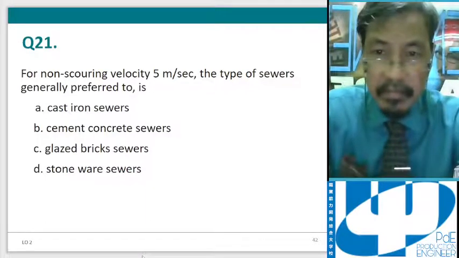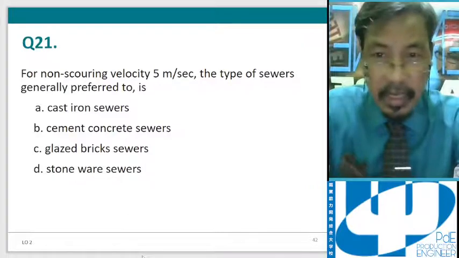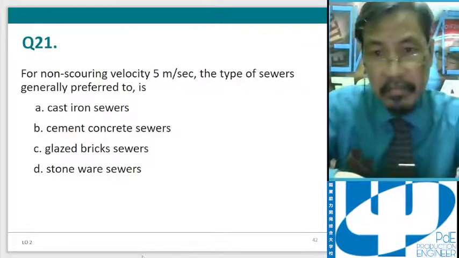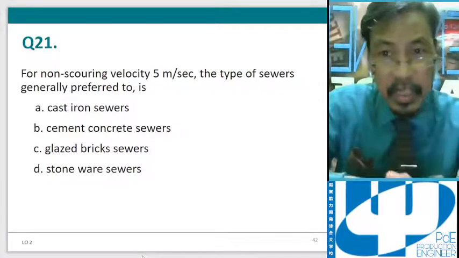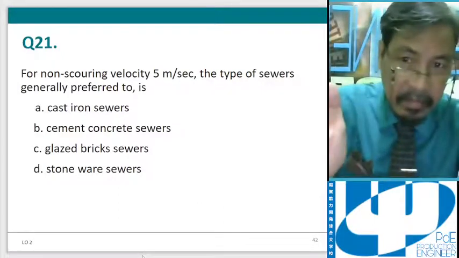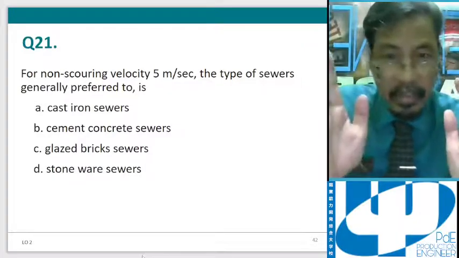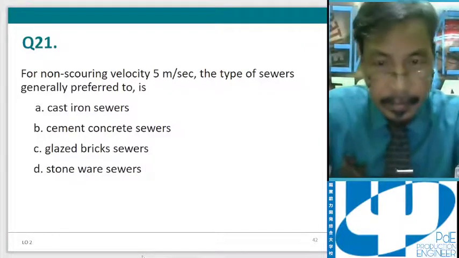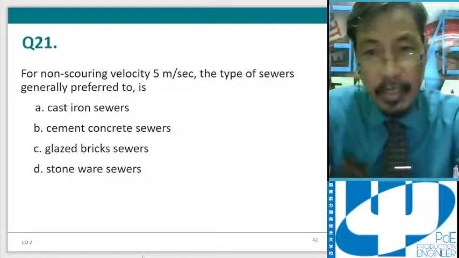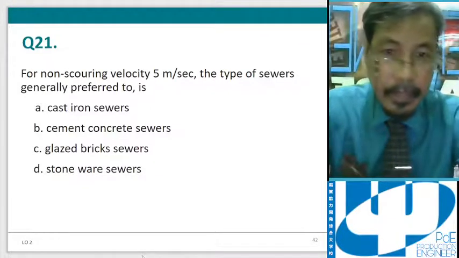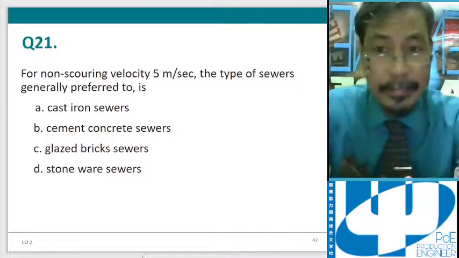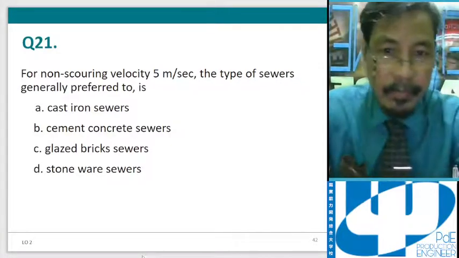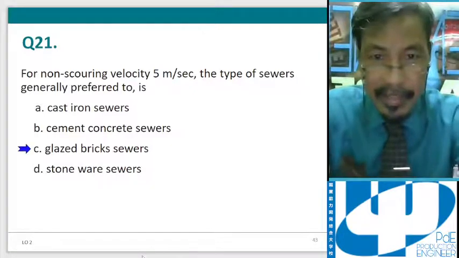Glazed is what is specified in the theory, in the concept, in the standard, but that is seldom being used in our country. That's why we have problems in our sewage system. So glazed.